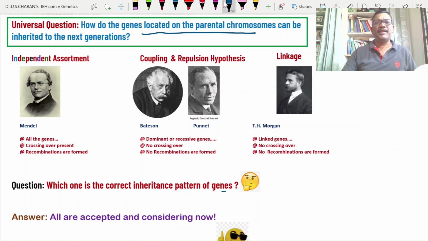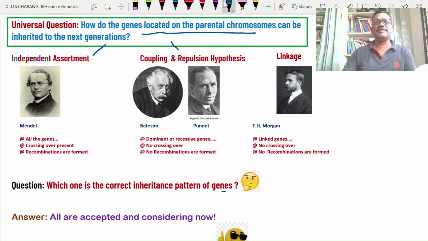Mendel gave the answer for this question by independent assortment, and Bateson and Punnett gave the answer with their coupling and repulsion hypothesis. But T.H. Morgan, with his chromosomal theory of linkage, gave a different answer. So for this question there is not only one answer; there are actually three answers.